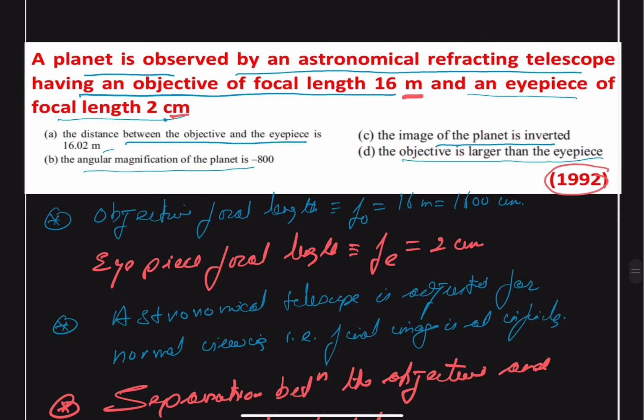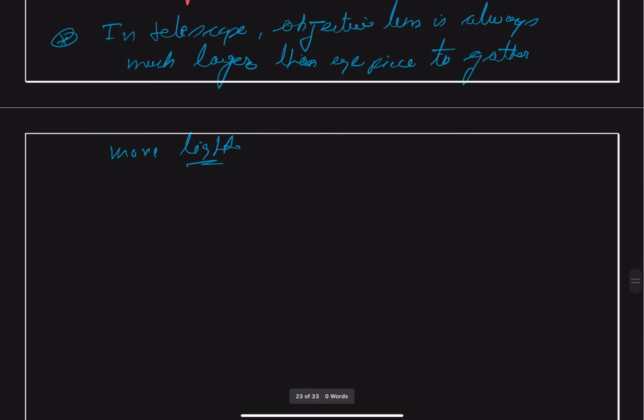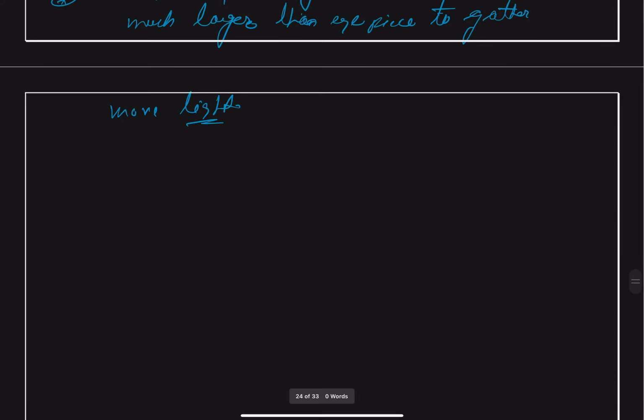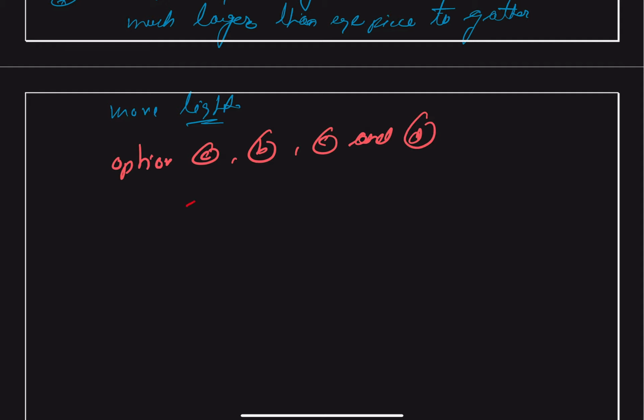Therefore, all these options are the correct options. So we can say options A, B, C and D are correct.